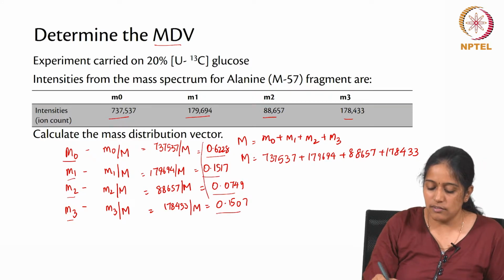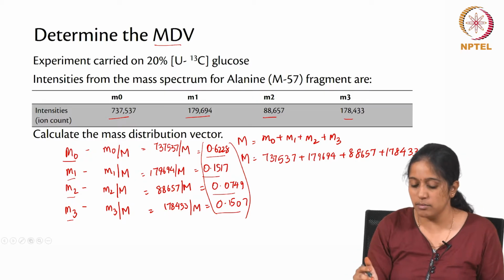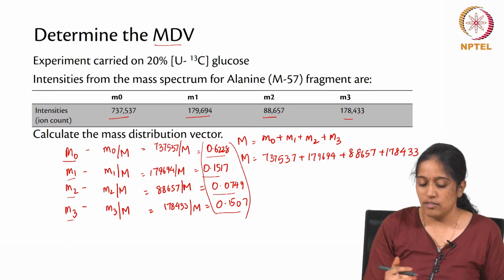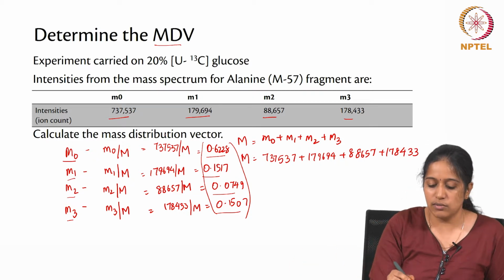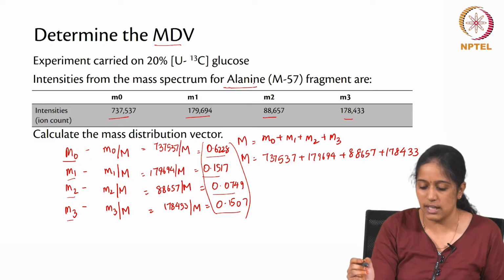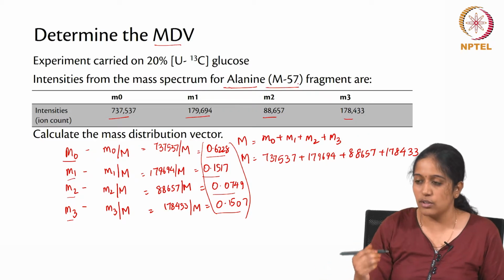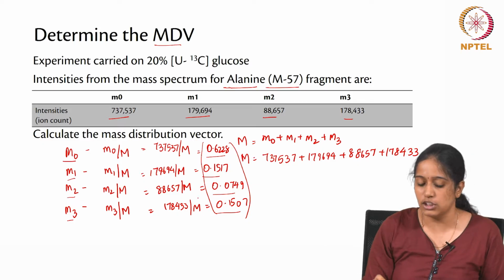This is the first basic information that you would get from any GCMS graph that is obtained. This is for alanine, the amino acid with 3 carbon atoms, and the fragment is M minus 57. Like this you have data for all the fragments, and using this you try to calculate the mass distribution vector.